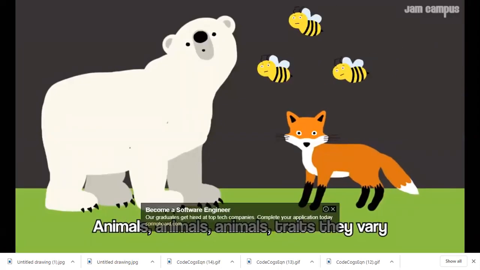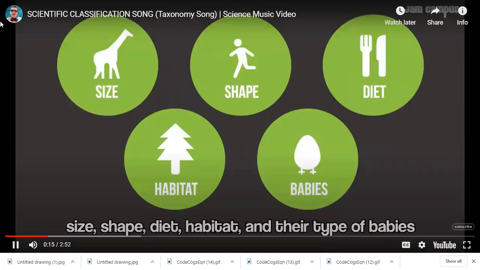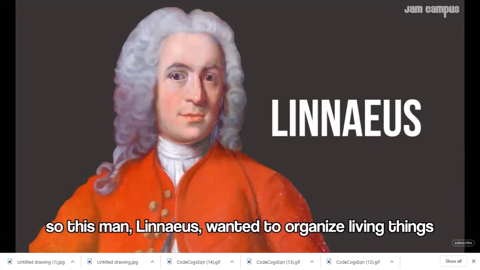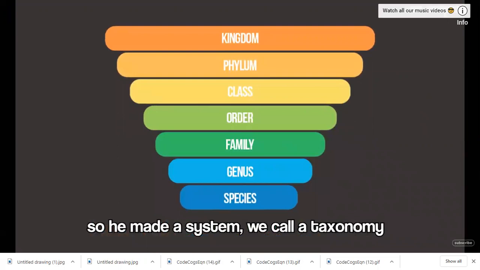Animals traits the berry. See their habitat in their type of babies. So the span in the airs wanted to organize the band-aids. So we made a system we call a taxonomy.